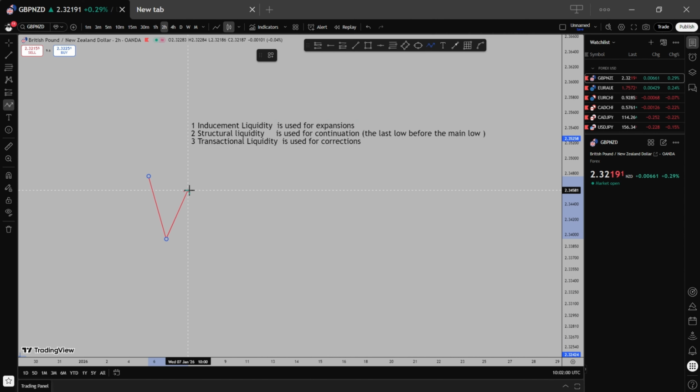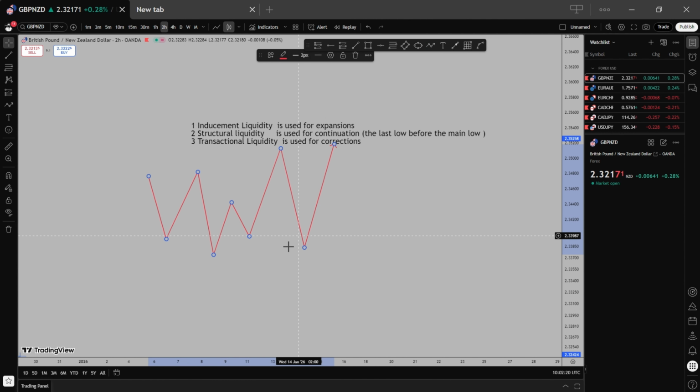So we get a sweep, and then let's say the liquidity happened, that is the type 1 before the BOS, and then this is our entry, and then boom.